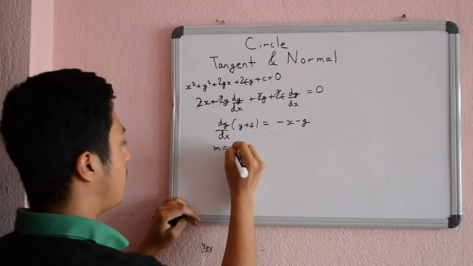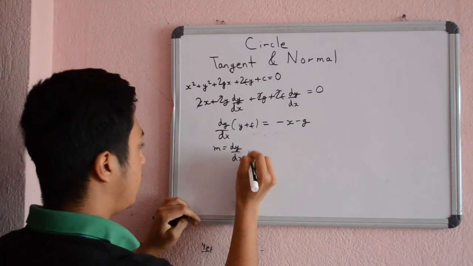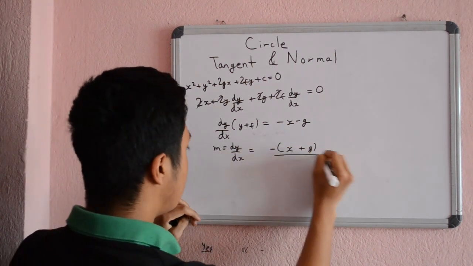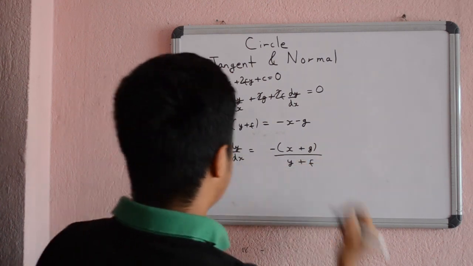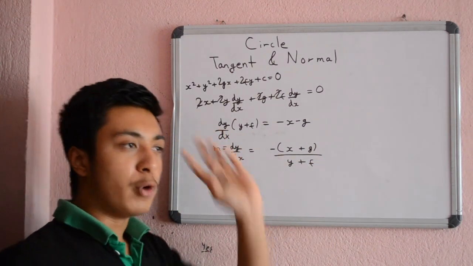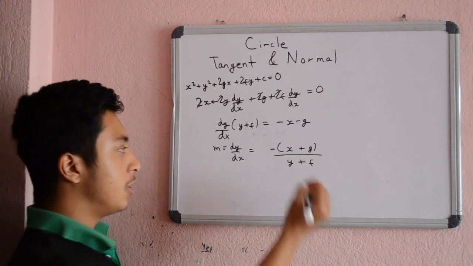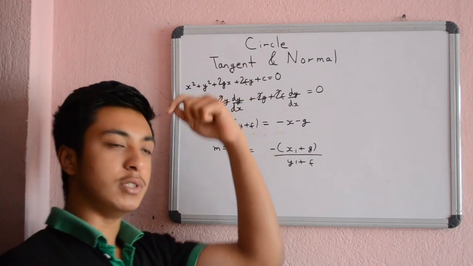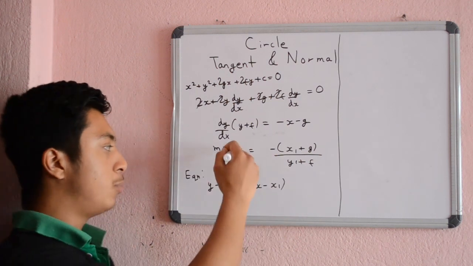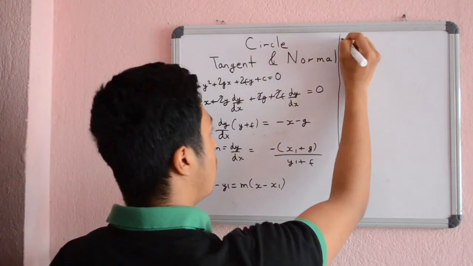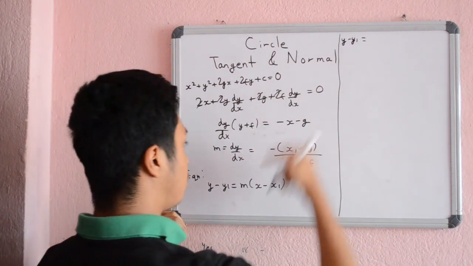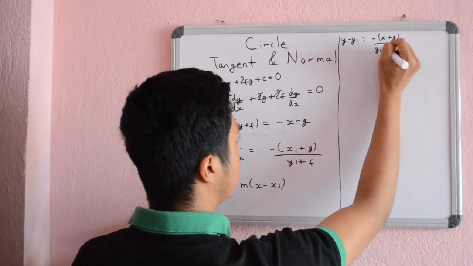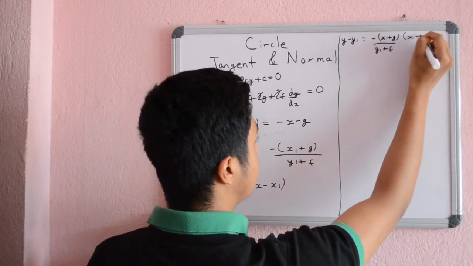That means the slope dy by dx is equal to minus x plus g by y plus f. Now again, for a point x1, y1 on the circle, put that in the equation of the straight line, which is this over here, and put the value in. You'll get y minus y1 is equal to minus x1 plus g by y1 plus f, x minus x1.